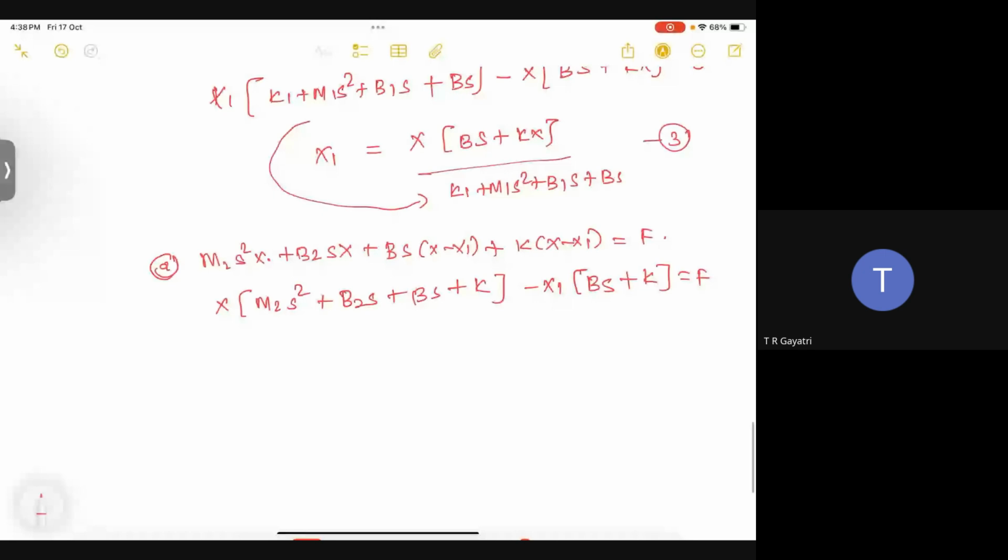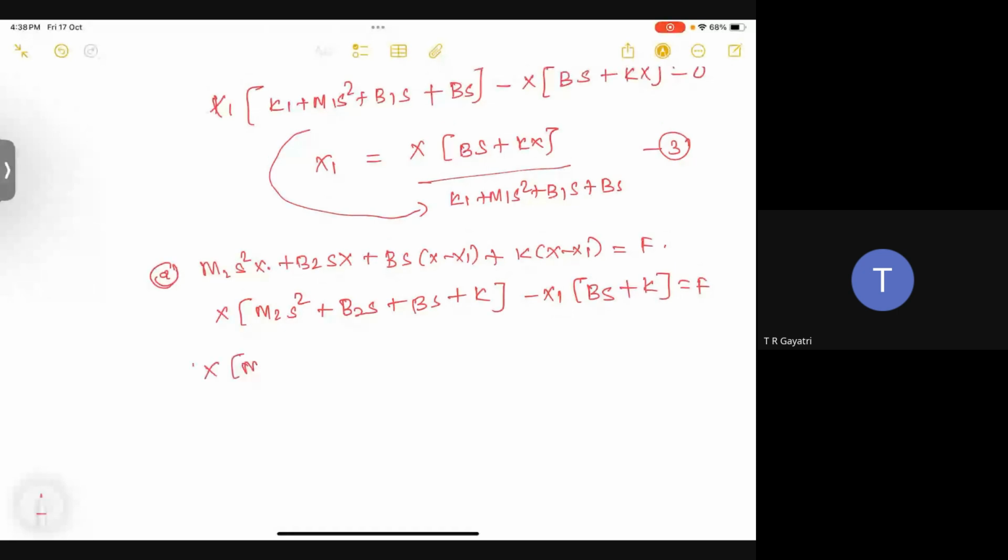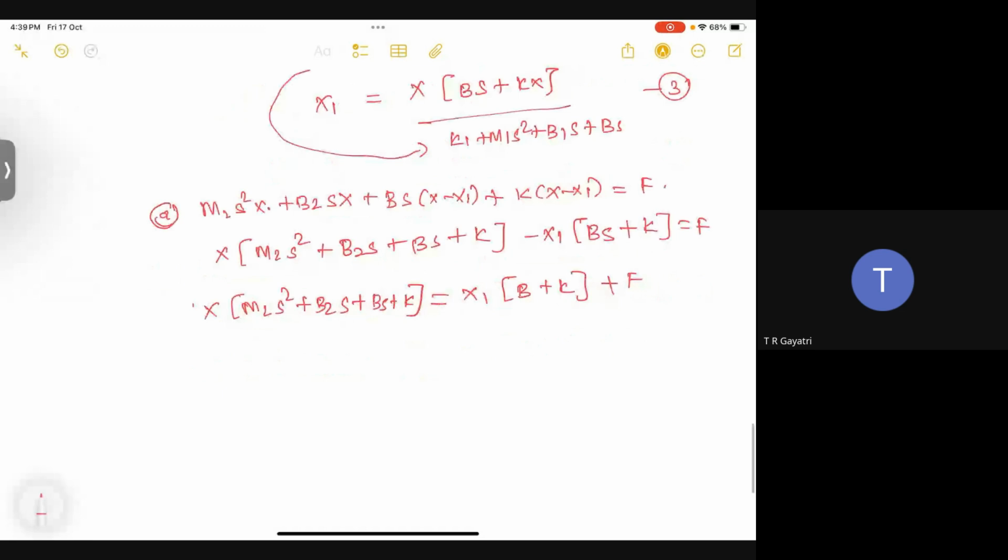So this is similar to the equation we wrote, right? Now I'm going to keep... should I substitute here? Yeah, I will rewrite it. X into (m2 s square plus b2 s plus b s plus k) equal to X1 into (bs plus k) plus F. So I'm going to substitute 3 in 4. That's why I equated to X1. Instead of this, we are going to substitute 3.